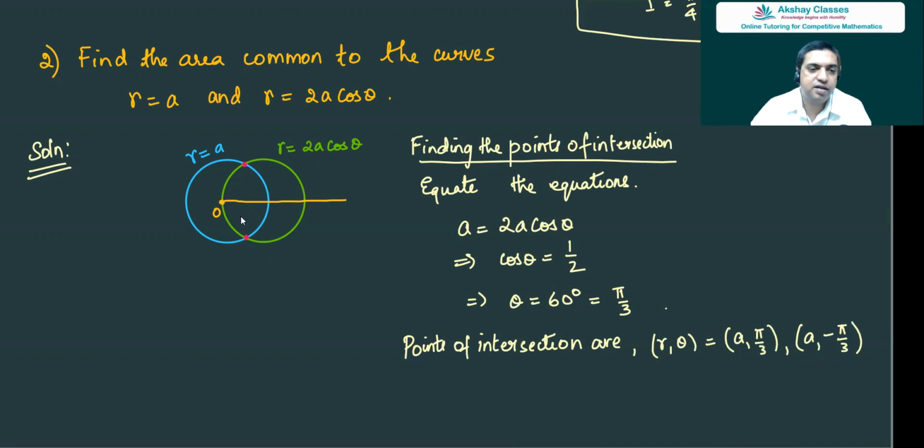Cos of minus theta is also cos theta. So these angles are pi by 3 and then, sorry, this one minus pi by 3. So now find the area common to these circles, this common area.